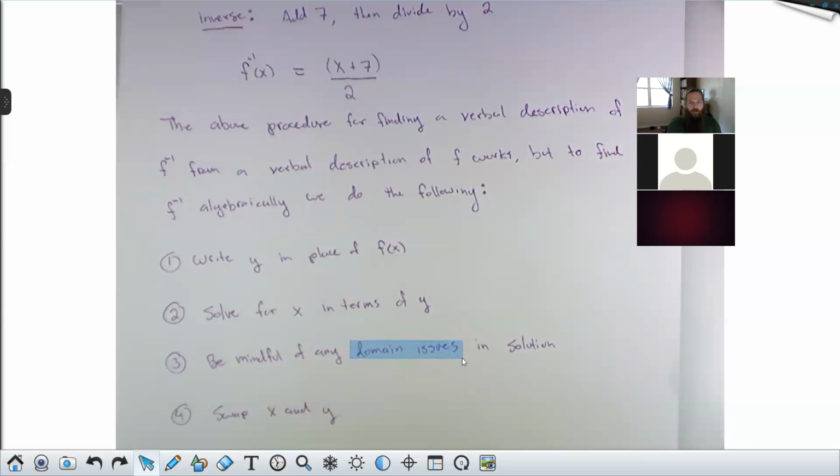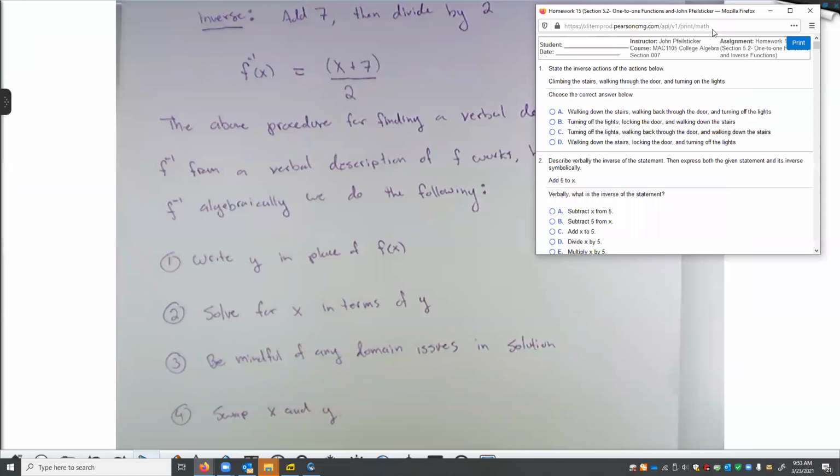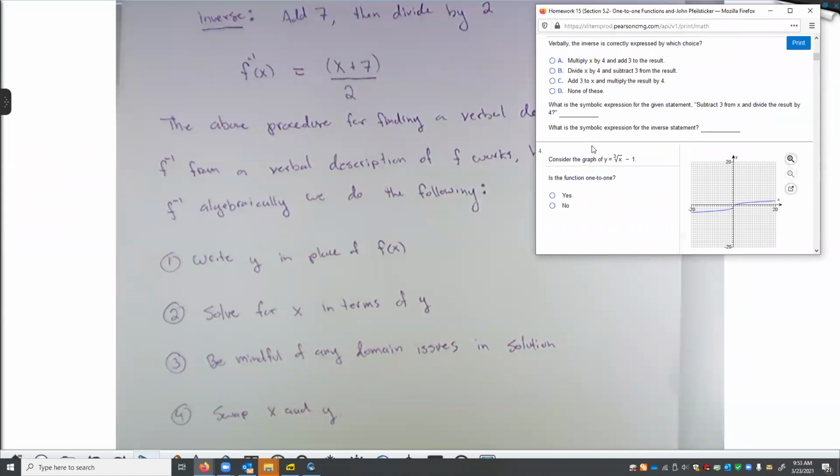Sometimes we need to restrict the domain of a function in order to make it one-to-one. And then when you solve for x in terms of y, there will occasionally be algebra steps where you need to think about the domain restriction that you chose, namely when taking square roots, things like that. So let me pull up your homework here and we'll find an example where this is relevant. Maybe first we should do an easy example.